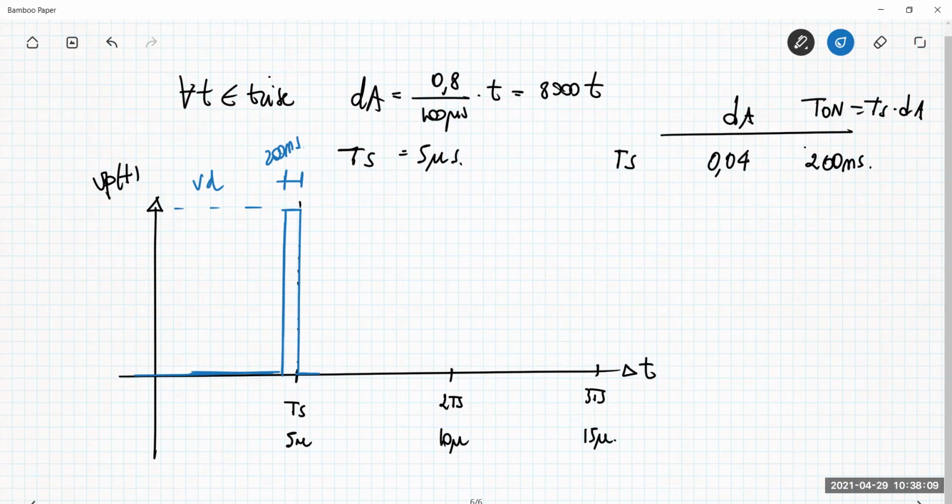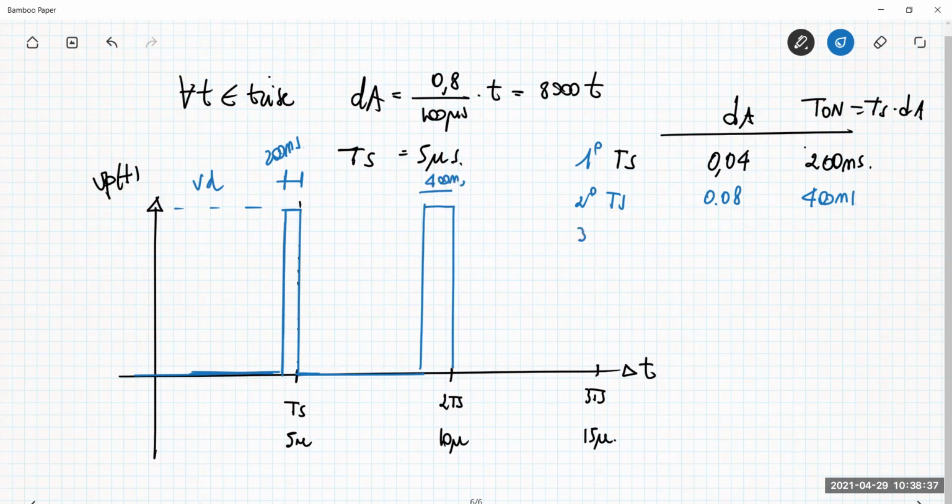So the first one is 0.04. The second TS interval has a duty cycle of 0.08, and T on is 400 nanoseconds. So as you can see, the duty cycle is rising up.